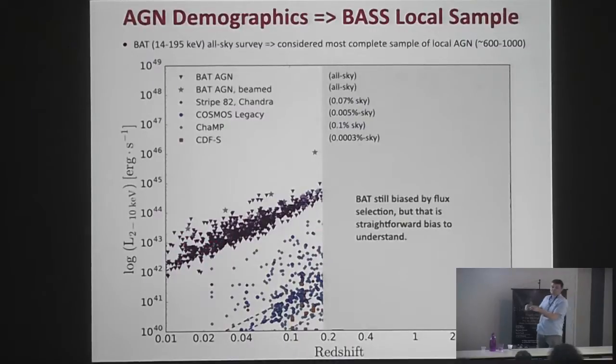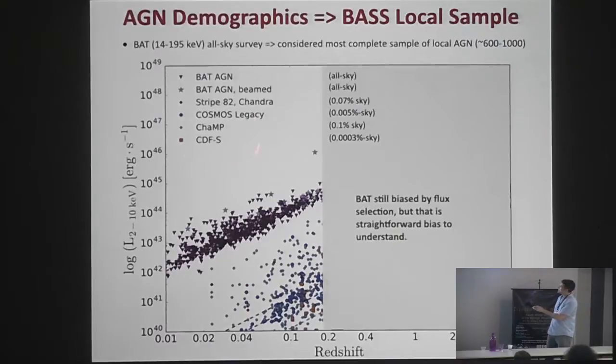And if you go to pointed surveys, some of these are Chandra surveys. The Chandra surveys fill out this region, but they're not very big on the sky. They're only sampling a very, very small fraction of the sky versus that. And so you would need to multiply by the inverse of that fraction.